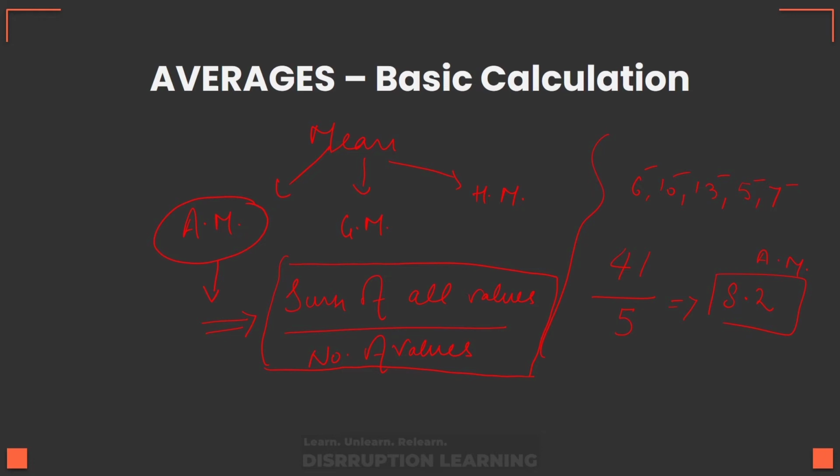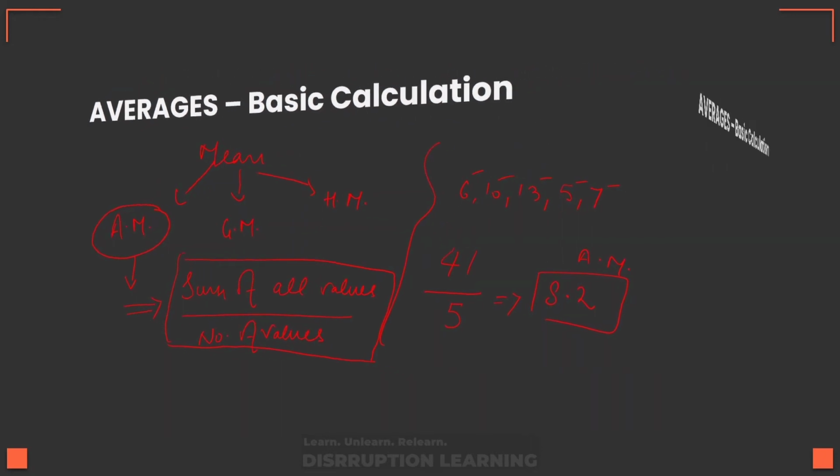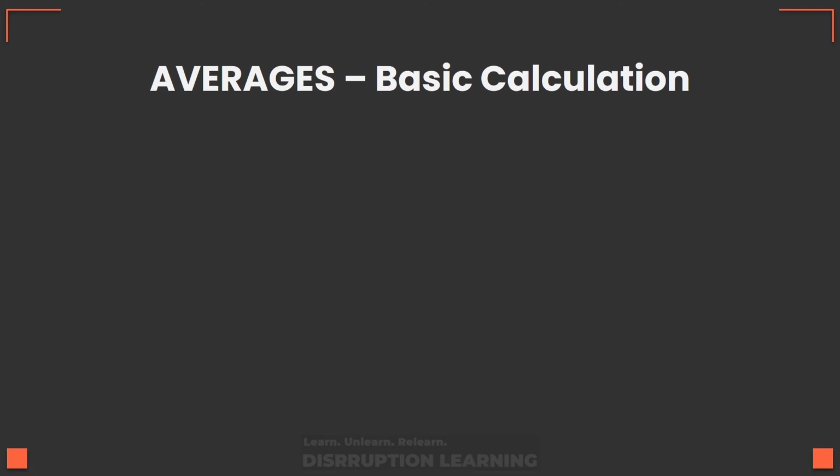Now, we will take 1 or 2 very basic examples to understand this simple formula. Let's say you have to find the average of 1, 2, 3, 4, and 5. We know 1 plus 2 plus 3 plus 4 plus 5 is 15. You divide this by 5, that is 3.